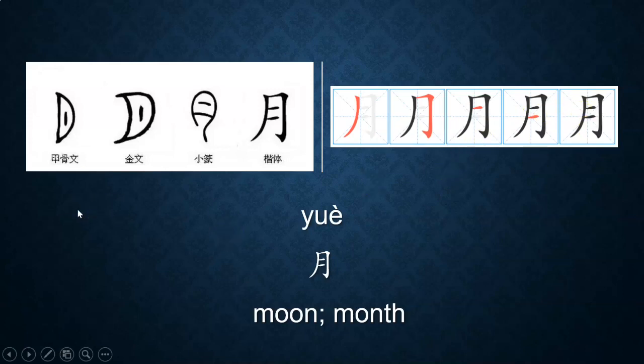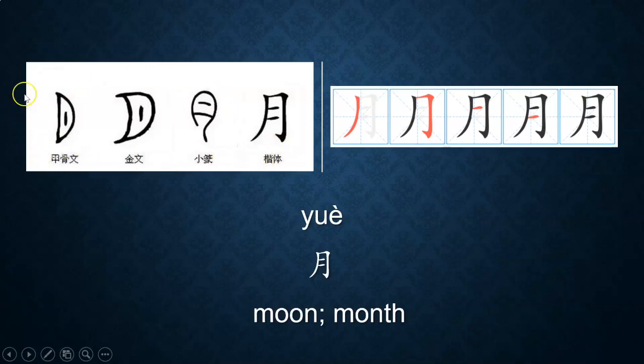So remember Miss Ran was talking about Chinese characters, how a lot of the Chinese characters are pictographs, which means they look like a picture that people draw to represent the object that they see in real life. So these are different versions of the Chinese characters, the more ancient versions of the character yue, and this is the modern version of it.